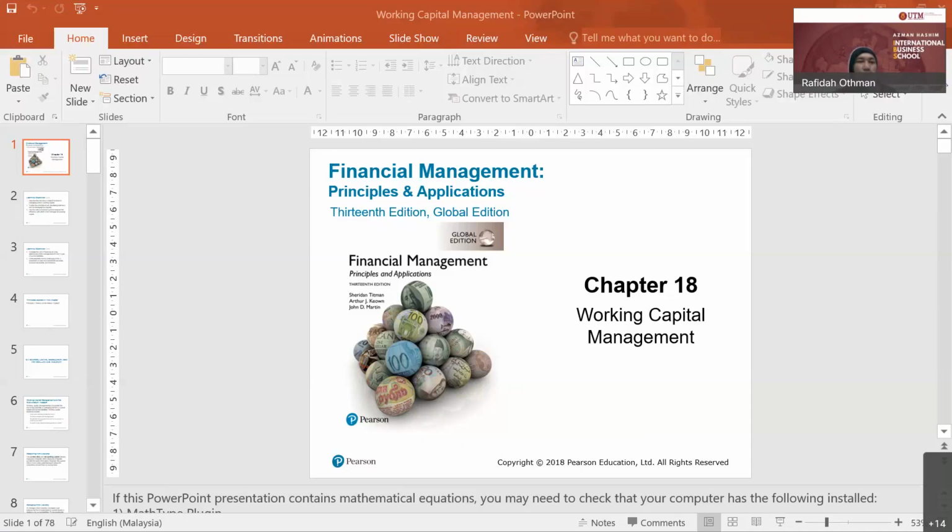Now what we are going to look into is how to manage our working capital. Working capital is about current assets and current liabilities.